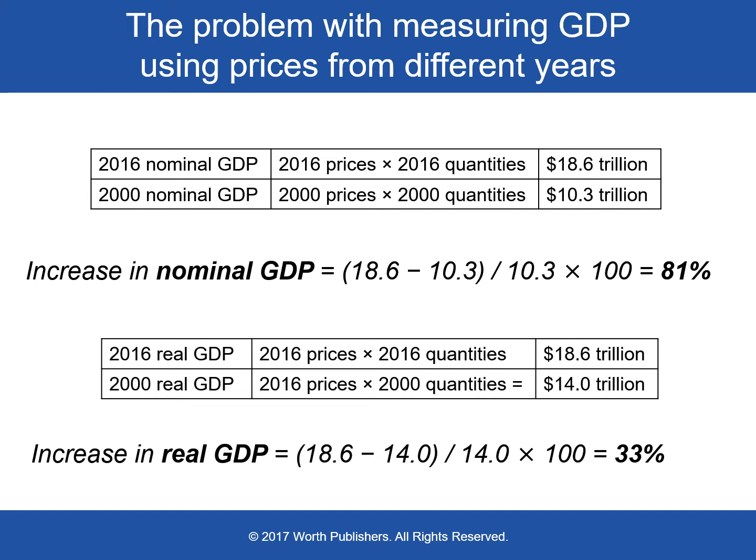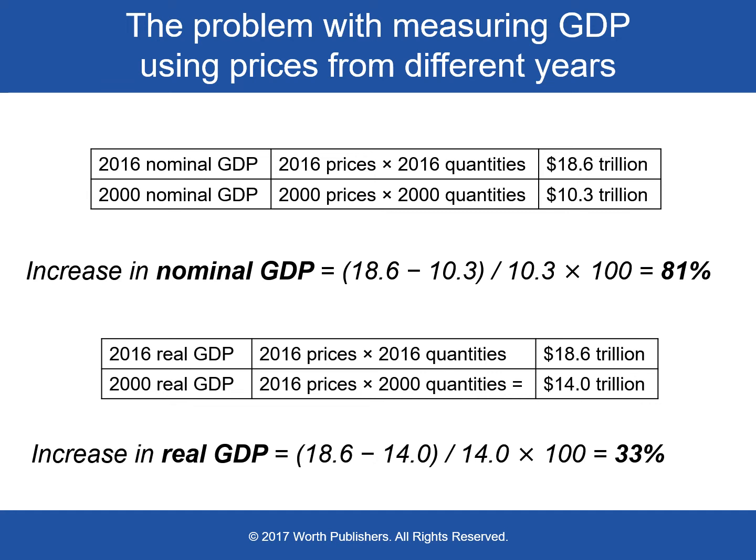For the 2016 production, we're using 2016 prices. So what if there was a lot of inflation between the year 2000 and the year 2016? You could have a situation where the real production in 2016 was actually exactly the same stuff as in the year 2000. But with inflation, that nominal GDP number for 2016 would be bigger. So we need to do something about it.